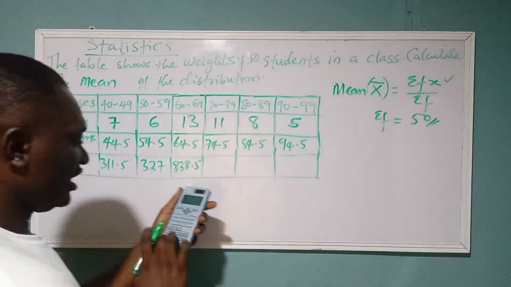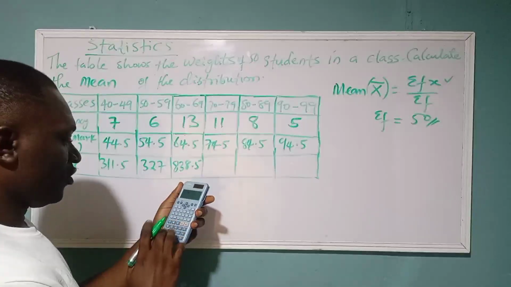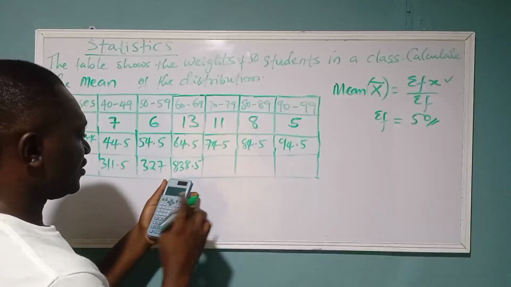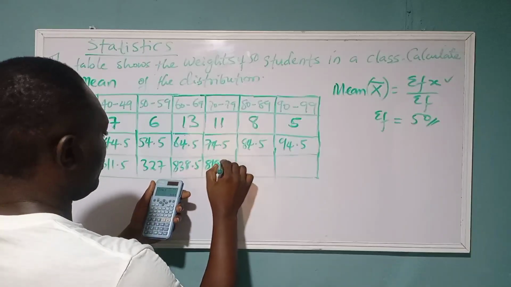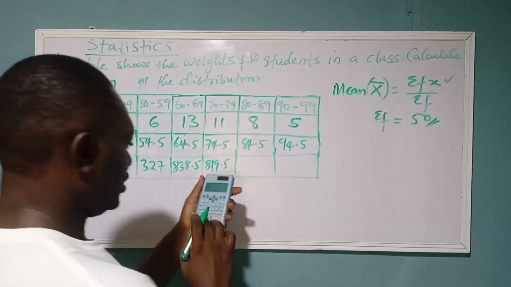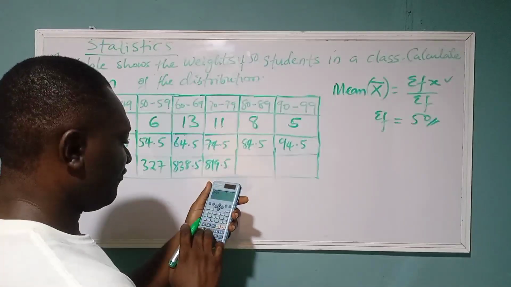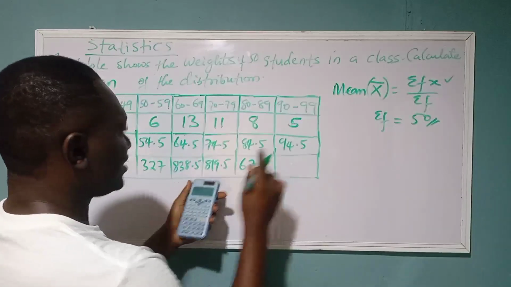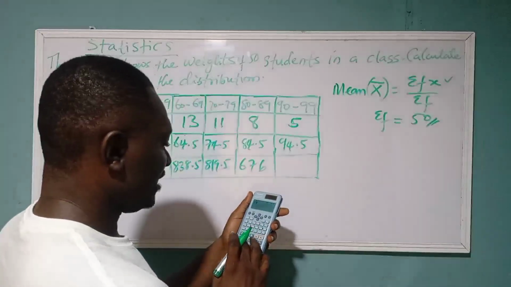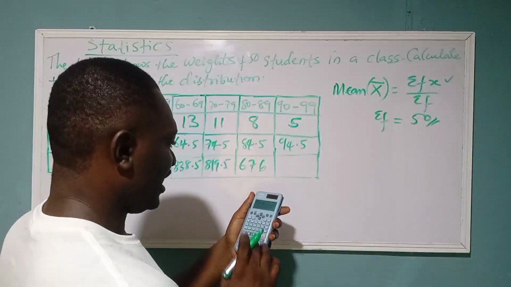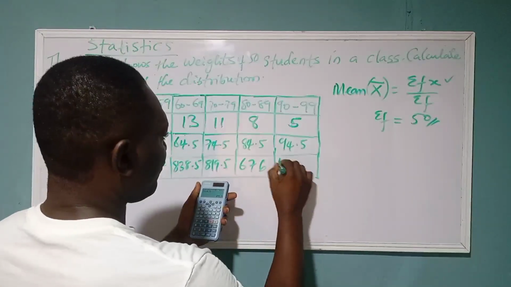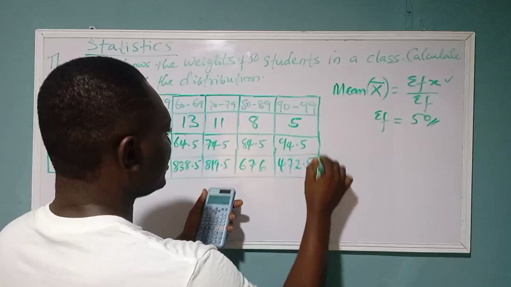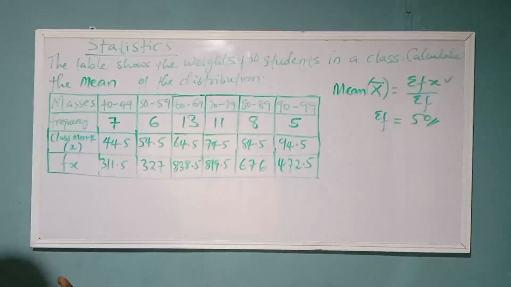And then the next one, 11 times 74.5. That gives us 819.5. And then the next one, 8 times 84.5. That gives us 676. And the last but not the least, 5 times 94.5. That gives us 472.5.